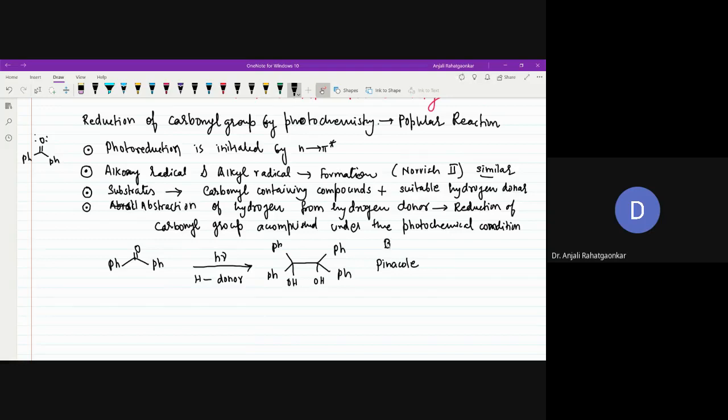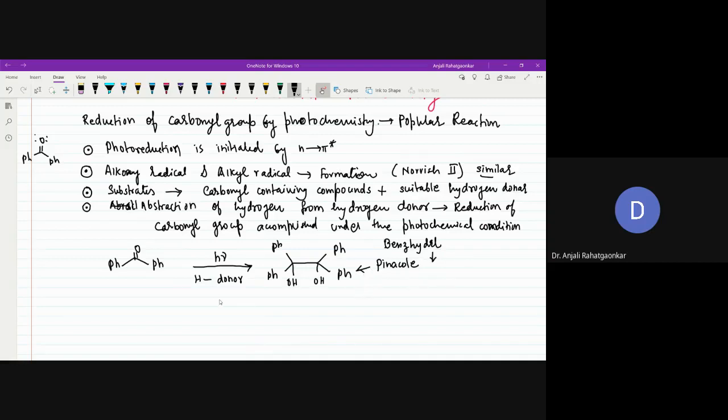So benzhydryl. The combination of two benzhydryl radicals will give you a pinacol. This particular product is called a pinacol.